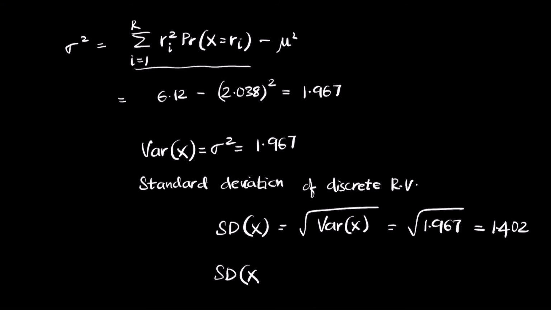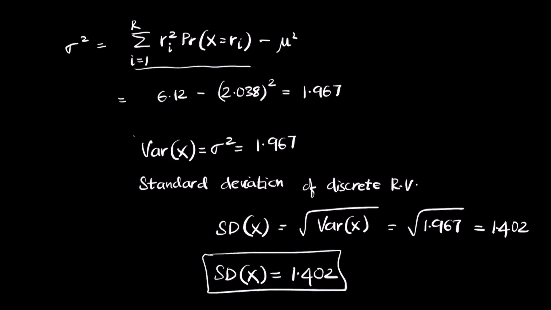So the standard deviation of x is 1.402 and the variance of x is 1.967. So this is how you can calculate the values for any given distribution.